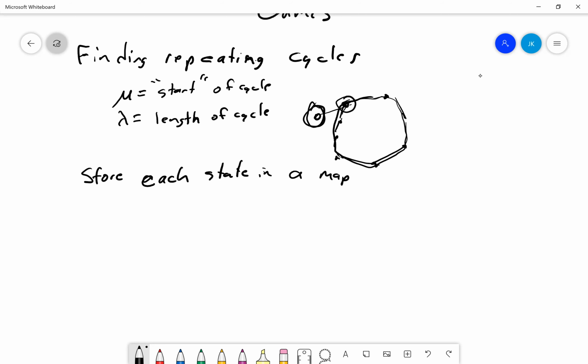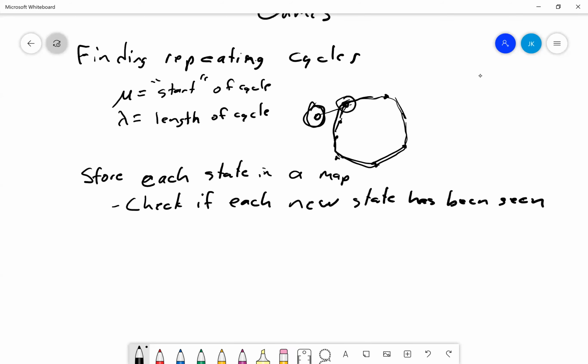So every time you generate a new state, check if each new state has been seen before. So you look it up in the map or dictionary or whatever, you say, have I actually seen this state before? And if so, you can either, if you just need to know, is there a cycle? It will tell you where the cycle is.